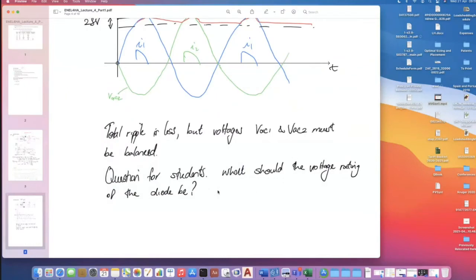The advantages of this: the total ripple is less, but voltages VAC1 and VAC2 must be balanced. Additionally, there's some extra design work to make sure that you get it right.